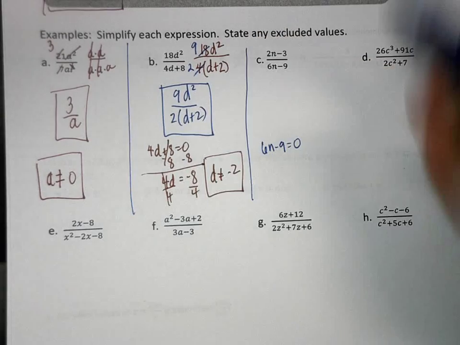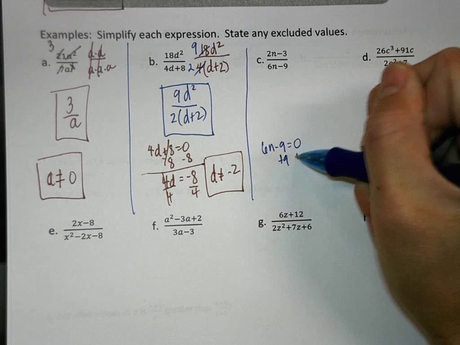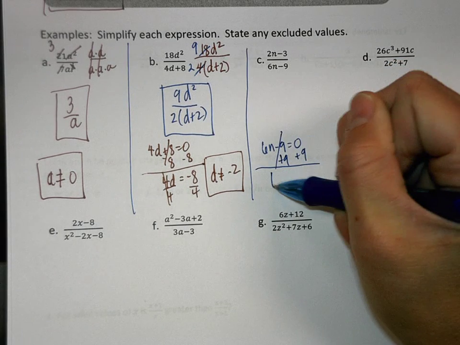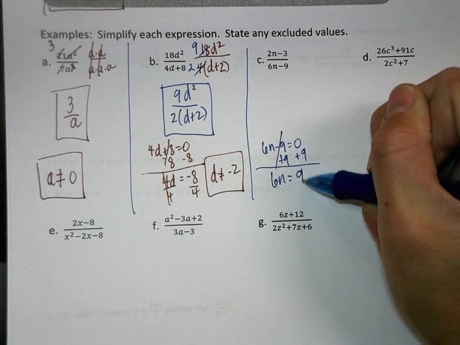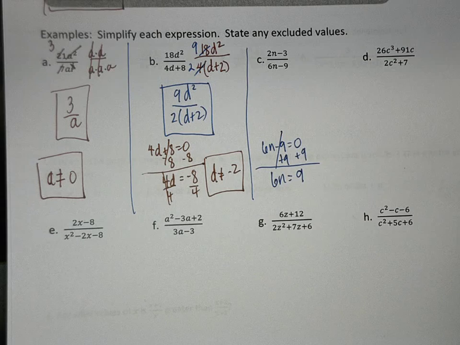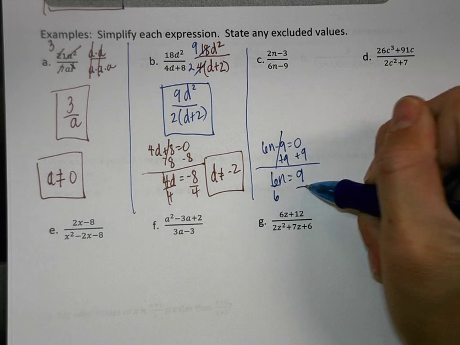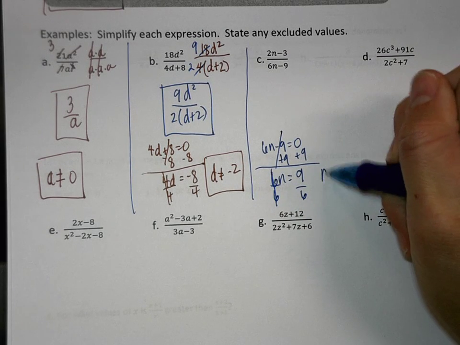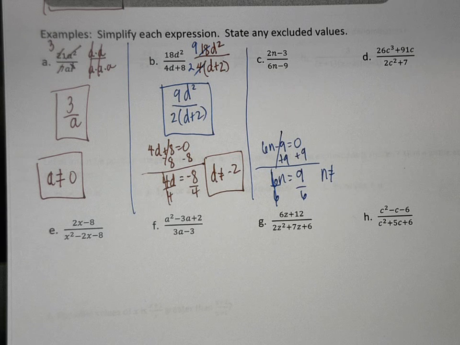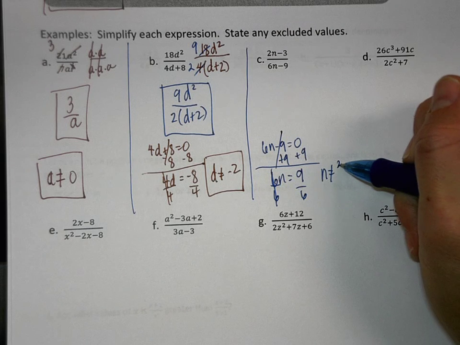So we add 9 to both sides. 6n equals 9. And then we divide by 6 to both sides, and we can reduce. And so n cannot equal what? What could that reduce by? 3 over 2. Good. So it's going to be 3 over 2.